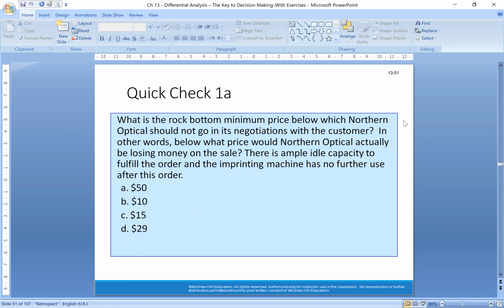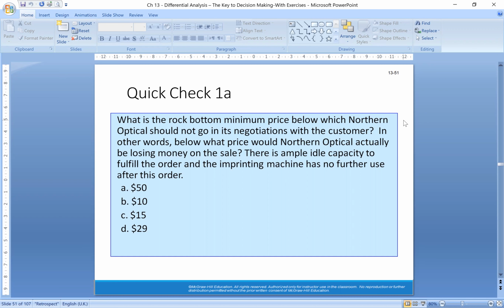There is ample idle capacity to fulfill the order, and the imprinting machine has no future use after this order. This means what? We do have a change in the fixed costs and we have a change in the variable cost. What do you think?